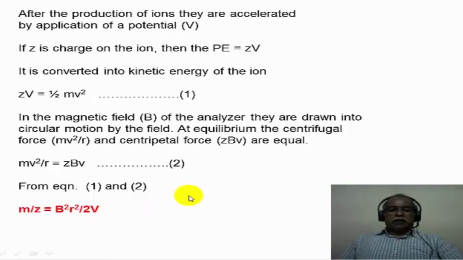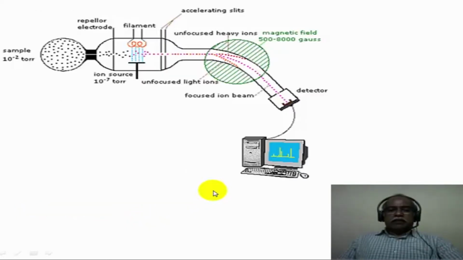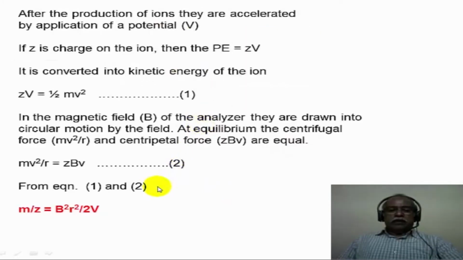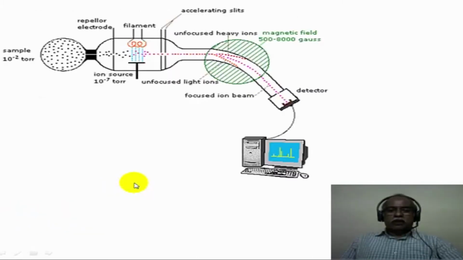So essentially, in a mass spectrometer, there is no one weighing the masses using a balance. In fact, the masses are segregated by the application of a suitable magnetic field and the acceleration voltage. By tuning the acceleration voltage and the magnetic field strength, one can bring a specific ion into the curvature R, which matches the spectrometer curvature. Only those ions which match the spectrometer curvature will go through this passage and reach the detector.